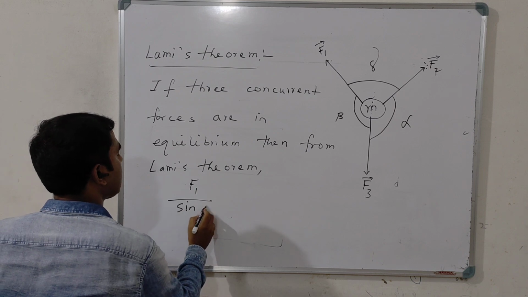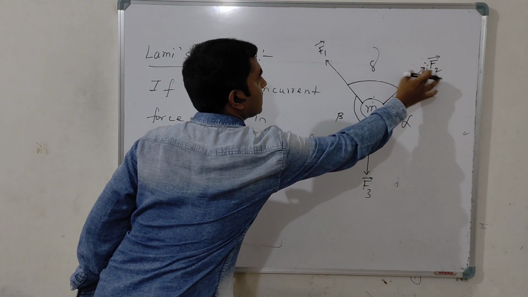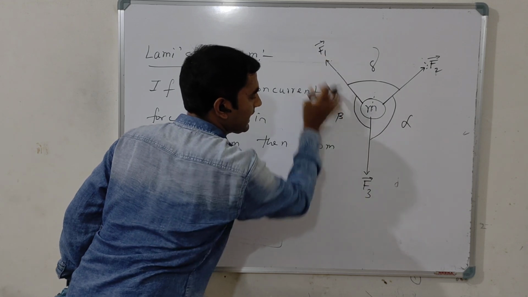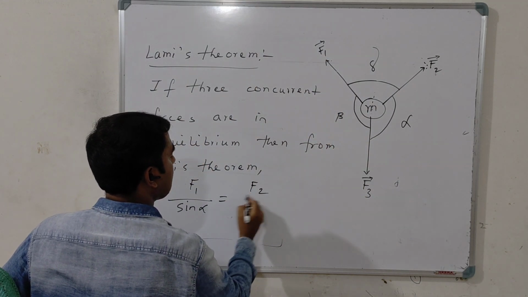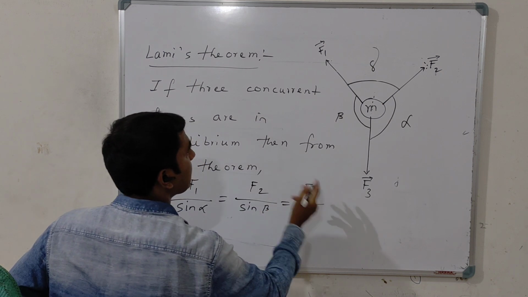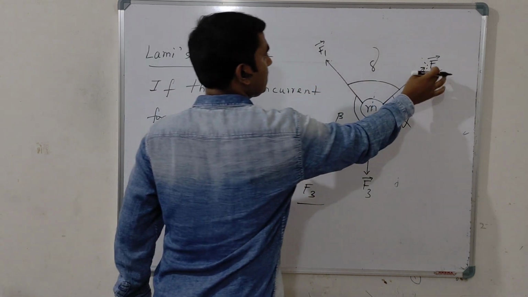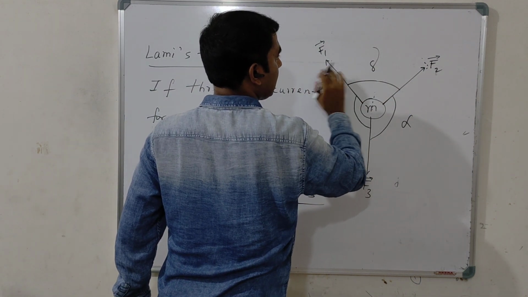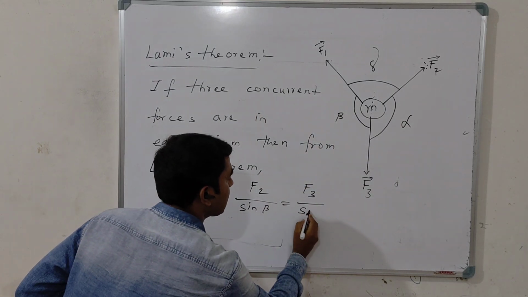F1 by sin alpha equals F2 by sin beta equals F3 by sin gamma.